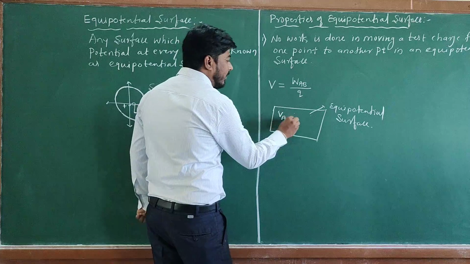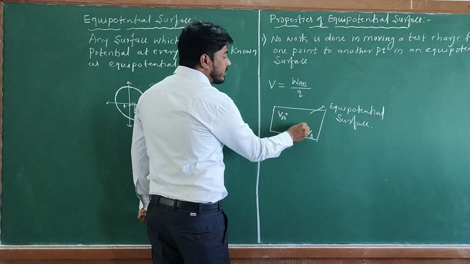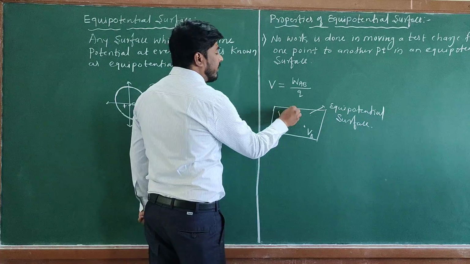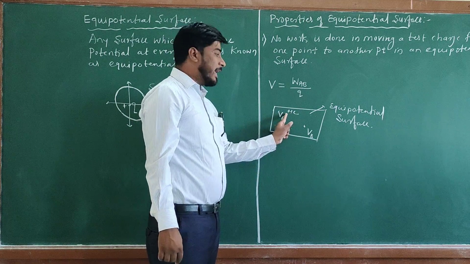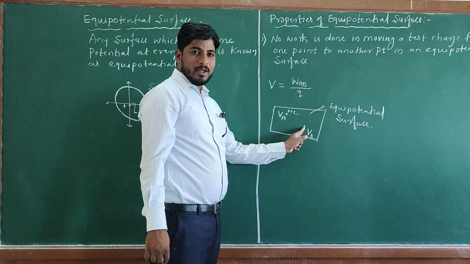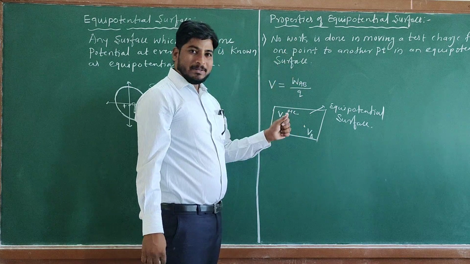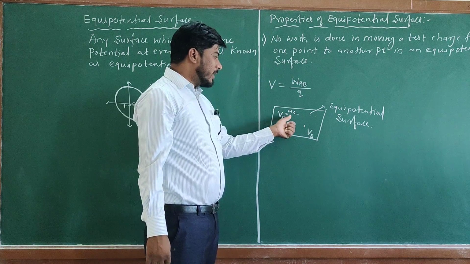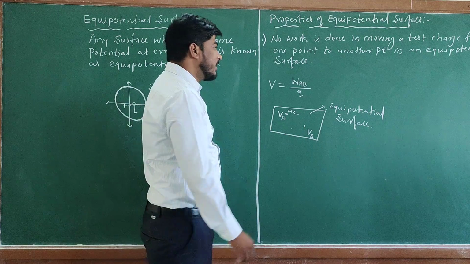This is point A, this is point B. If I want to move a test charge, say 1 coulomb, from A to B, there must be no work done. Why? Because the potential at every point is the same.